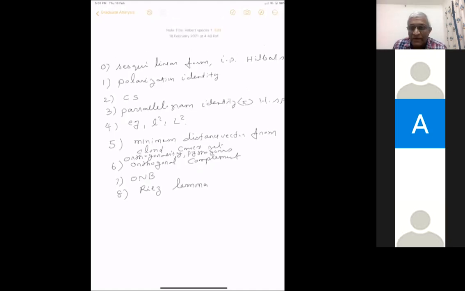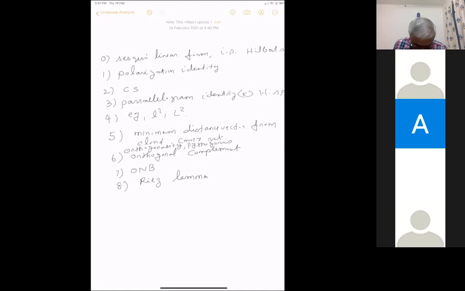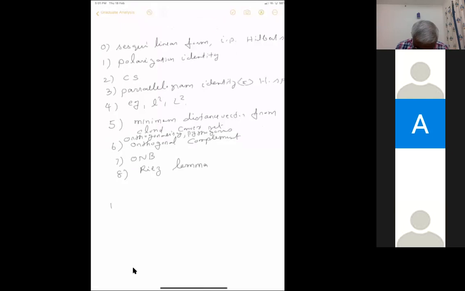So I want to define what is called a Hilbert space. Before that, I want to define a sesquilinear form, then an inner product. Let H be a linear space, or a vector space.